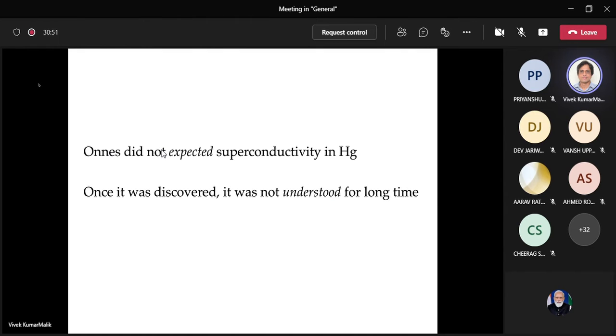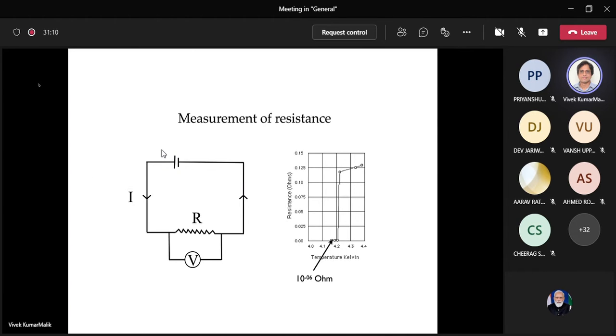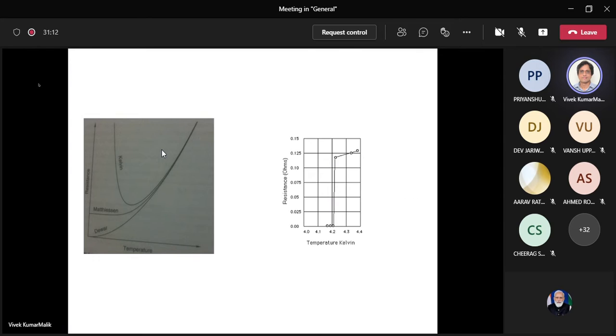But he didn't expect superconductivity. Of course, he observed it and reported it, but he didn't expect it. It was observed in mercury, which is another interesting aspect of this discovery. Why mercury? Once it was discovered, it was not understood for a very long time, as I will discuss.